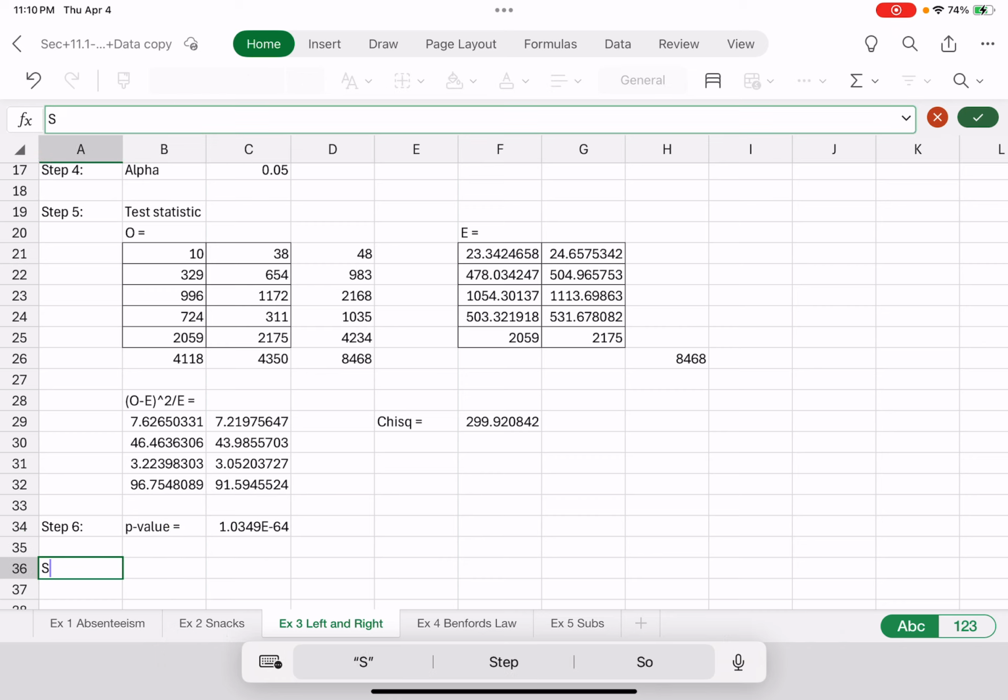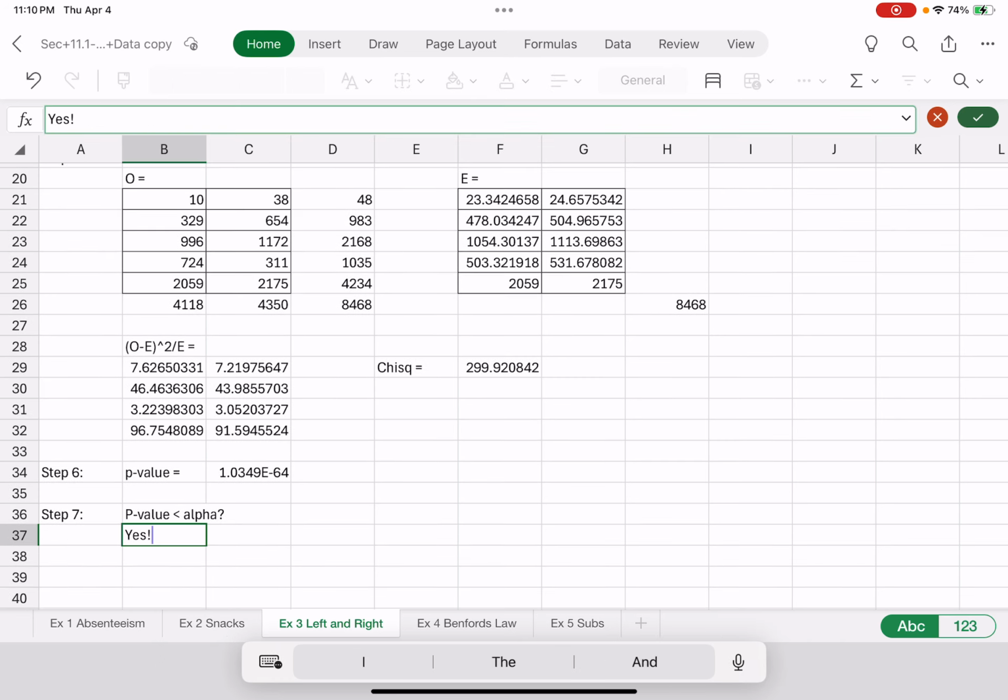That's small. Step 7. P-value less than alpha. Oh, yeah, it is. Reject the null.